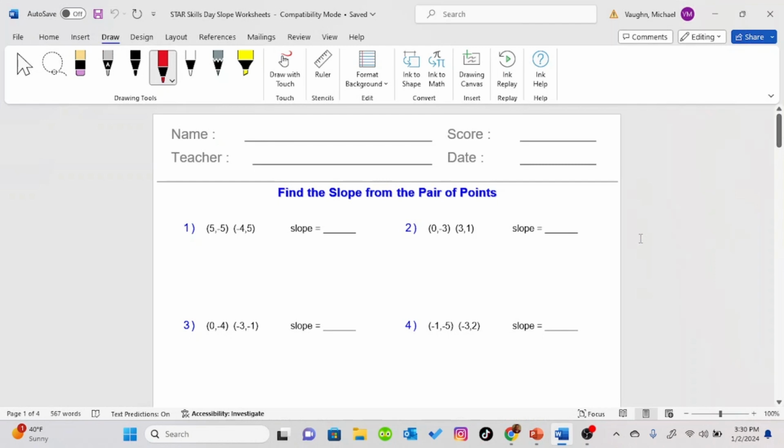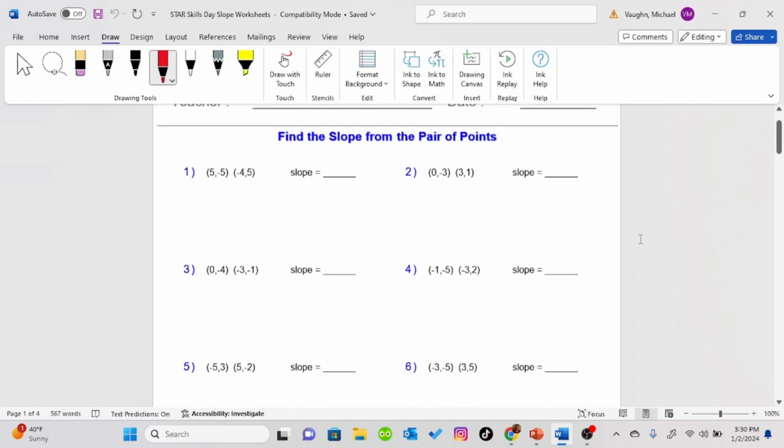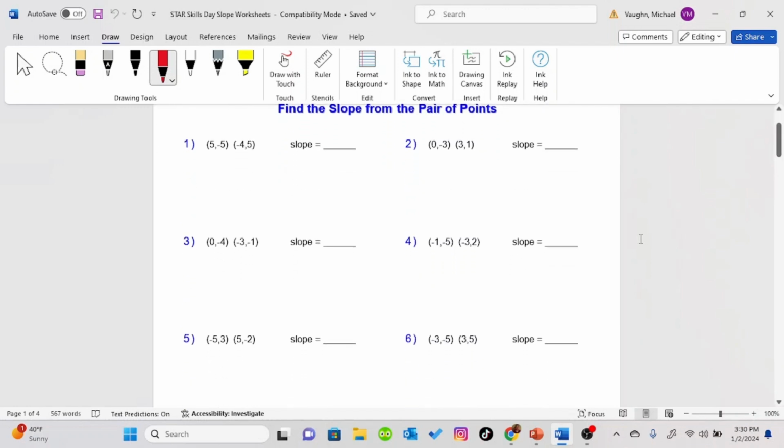So for today's STAR skills, we're going to concentrate on slope. Now on this first page in the worksheets, we're trying to find slope from a pair of points.